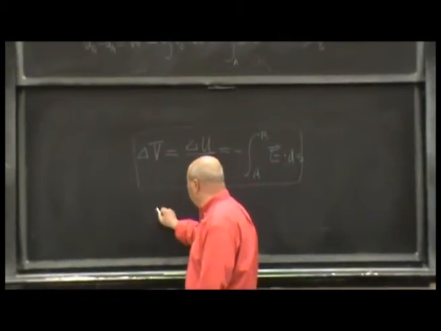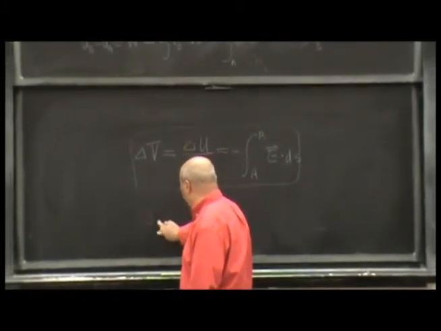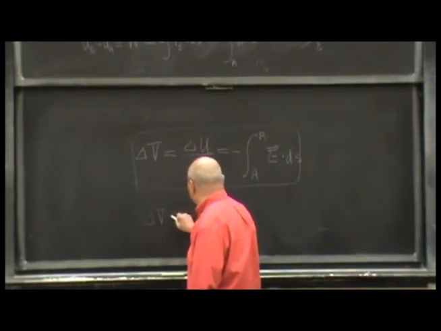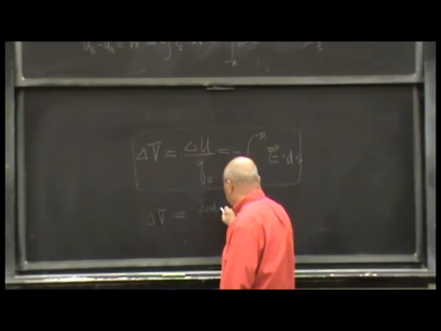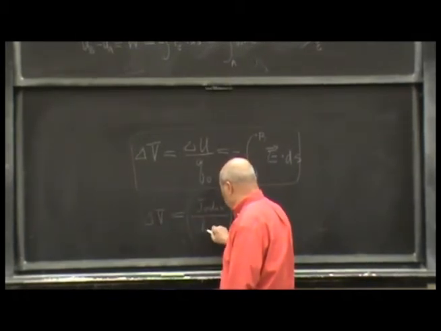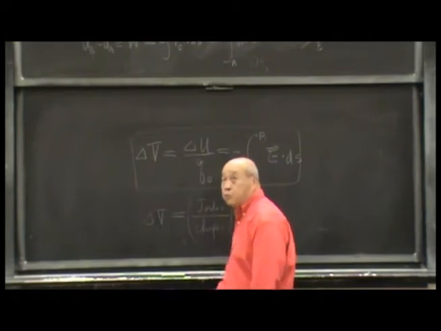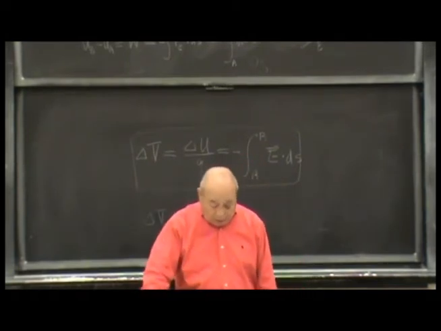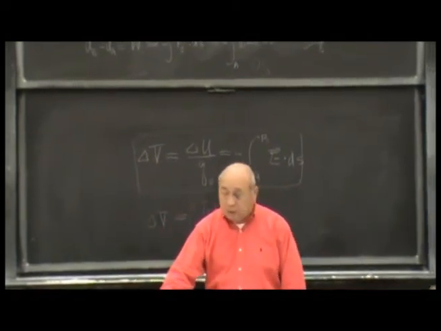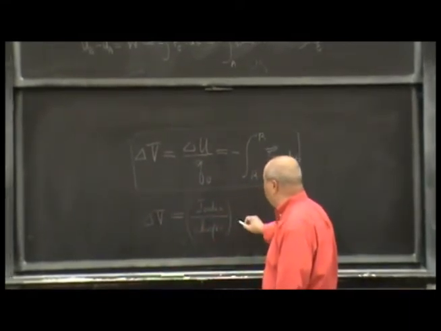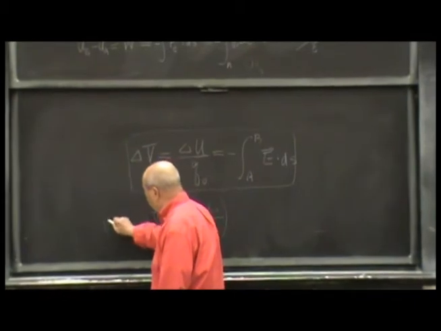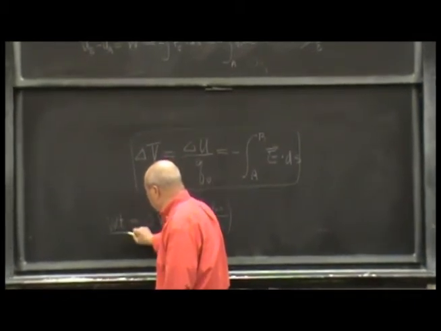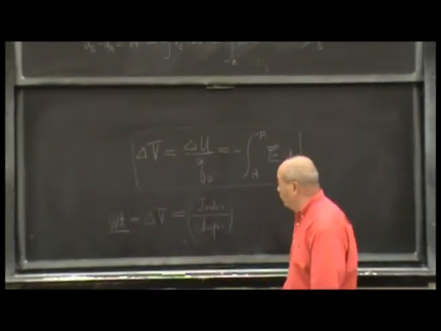So delta V, voltage, is equal to joules over charge, which in unit is coulomb. So we define that this is called volt. The unit of voltage we call volt.